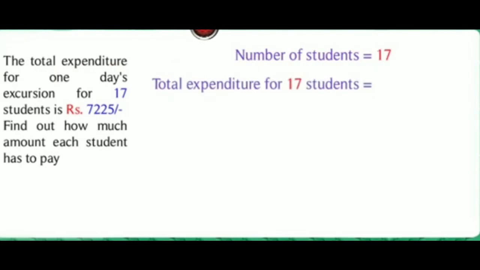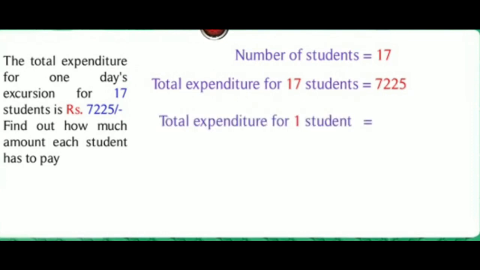The total expenditure for one day's excursion for 17 students is rupees 7,225. Find out how much amount each student has to pay. Now, the number of students, first of all we'll write, that is 17. Total expenditure for 17 students is equal to 7,225.